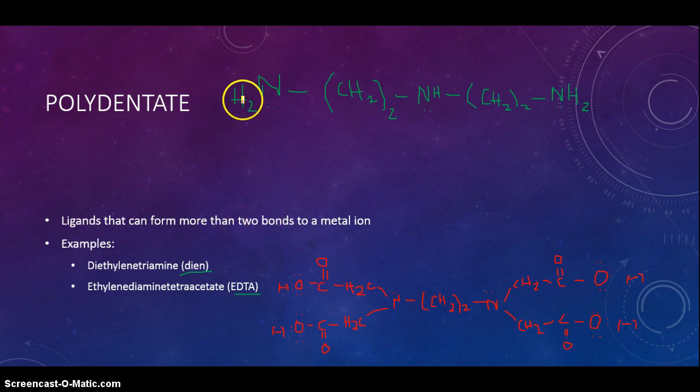This one is Dien here, and there are 3 coordinating atoms, and you can see the lone pairs here, and these are the coordinating atoms that make it polydentate. And in EDTA, over by the oxygens, as well as the nitrogens, here are some arrows pointing out the coordinating atoms, and there are 6, so it's clearly polydentate.